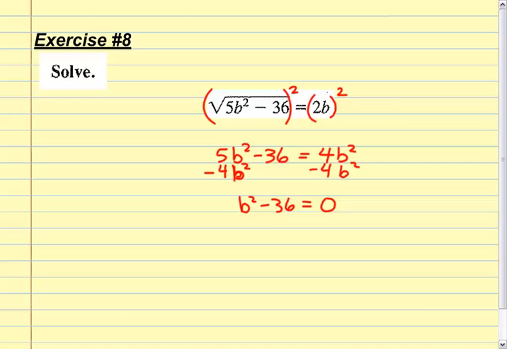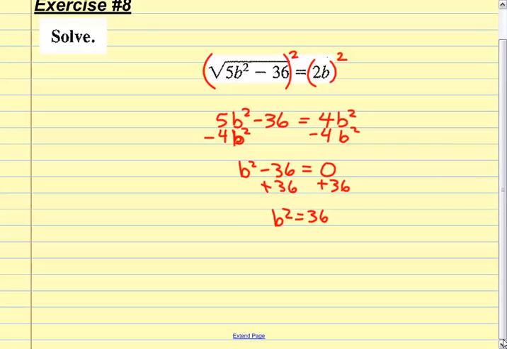Well, I want to know what b squared is, so I'm going to add 36 to both sides, right, and that's going to give me b squared is equal to 36. Now, once I get here, I need to take the square root of both sides, but remember, I'm taking the square root of a variable, so that means I have to give the positive 6, and negative 6, okay?